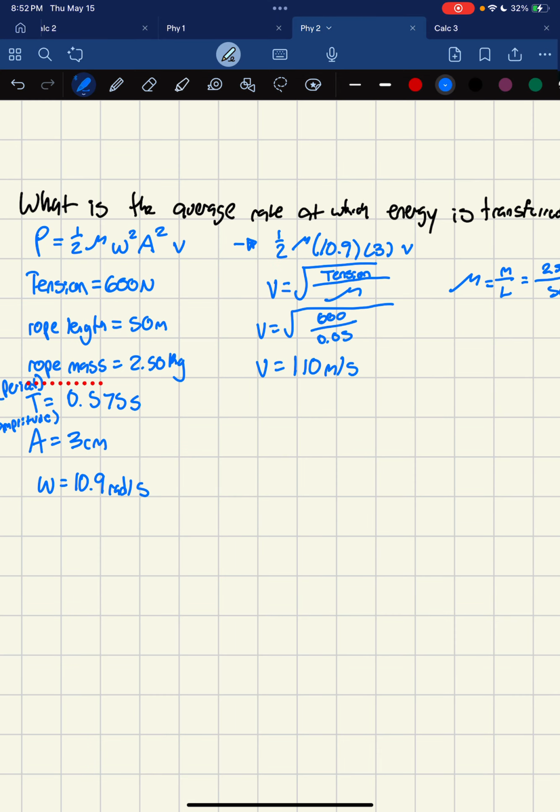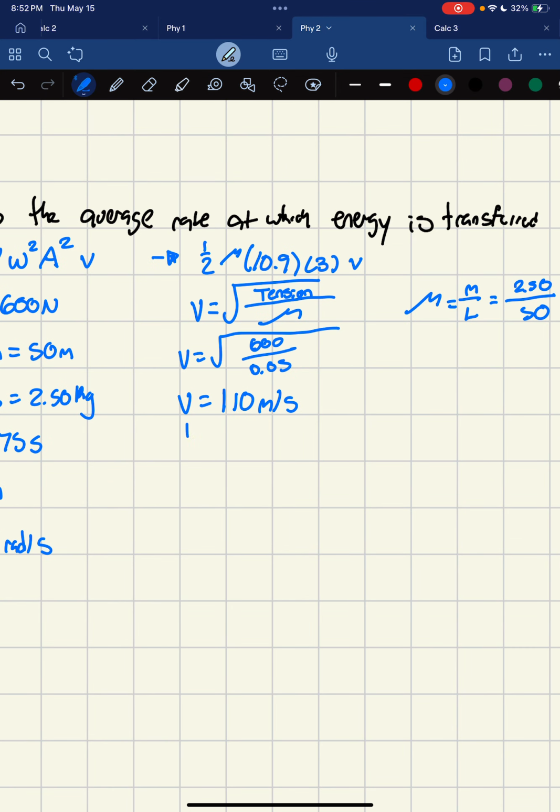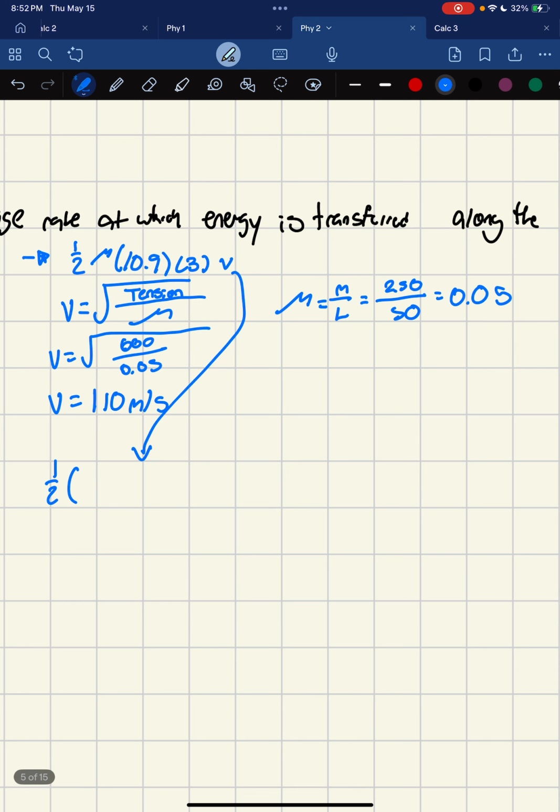So now that I have all my variables here, I'm able to plug that in. So I have 1/2 times the linear density, which we found is 0.05, times 10.9, times 3, times the wave speed, which is 110 meters per second.